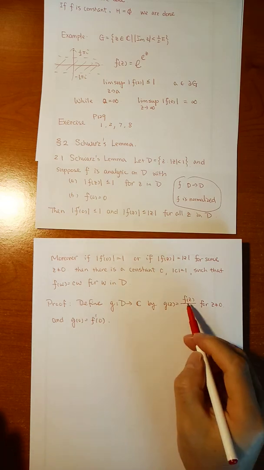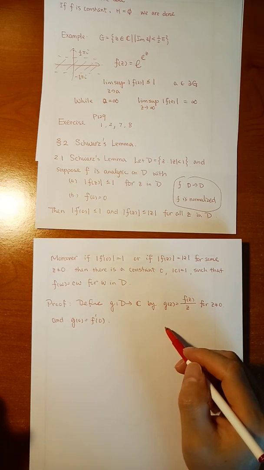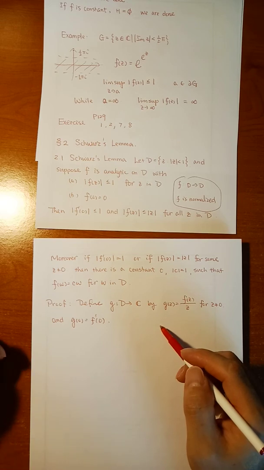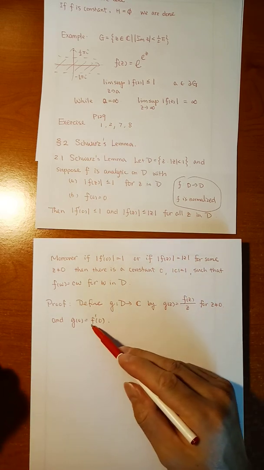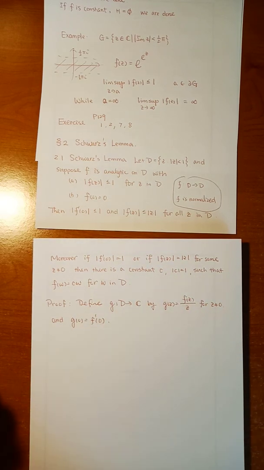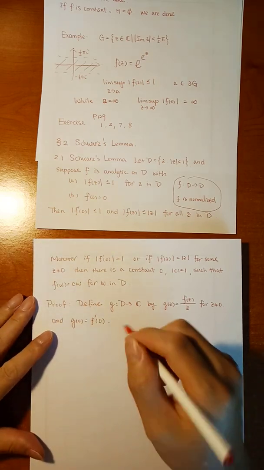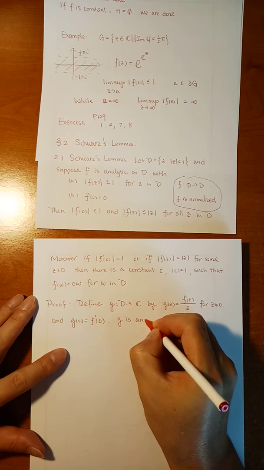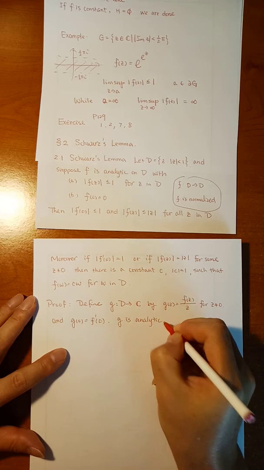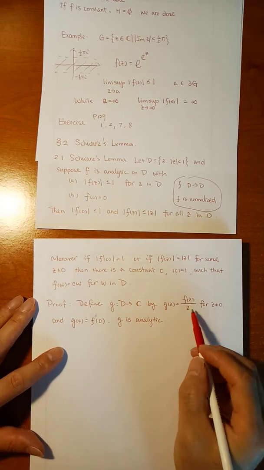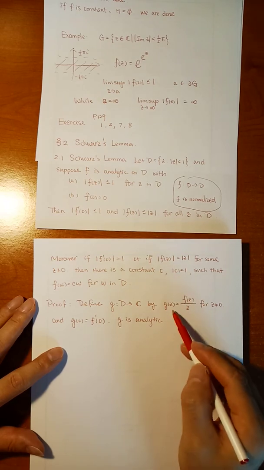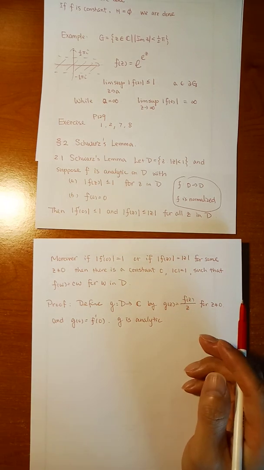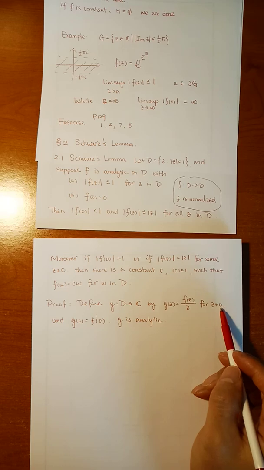Okay, then this is at least a continuous function, right? When z approaches 0, g of 0 is equal to the derivative. So that's at least a continuous function. And you can show that g is analytic. To show the analyticity, first, this expression is differentiable at any z not equal to 0.